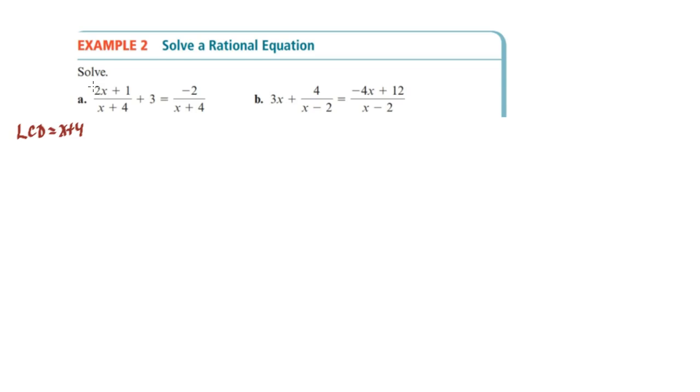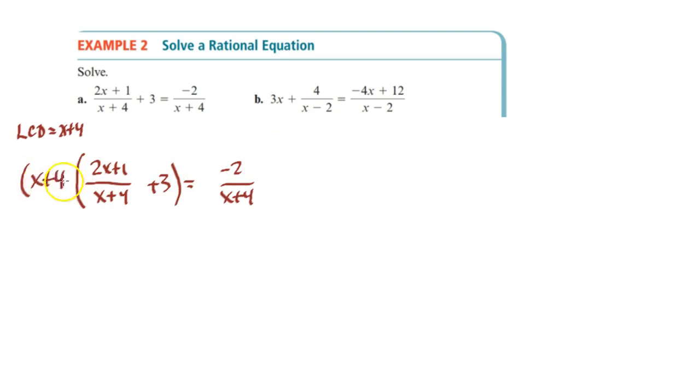What we want to do with the LCD is multiply both sides of the equation by the LCD. So I'll rewrite this: 2x plus 1 over x plus 4, and I'm just going to rewrite it down here so we have room, that's equal to negative 2 over x plus 4. Now, I want to multiply both sides of the equation by the LCD.